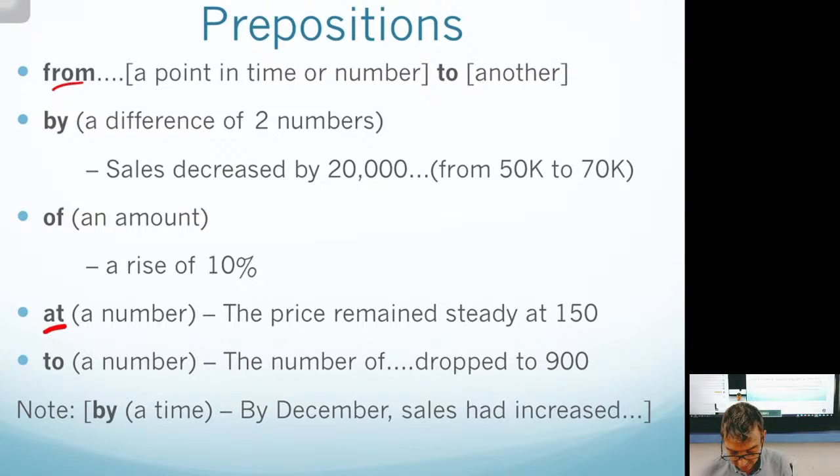Then the other one, by a difference of two numbers. So here you could say something like sales decreased by 20,000. So we know it's decreased, so it's from 70,000 to 50,000. And the difference of those two numbers is 20,000. Then we have this preposition of, a rise of 10%.